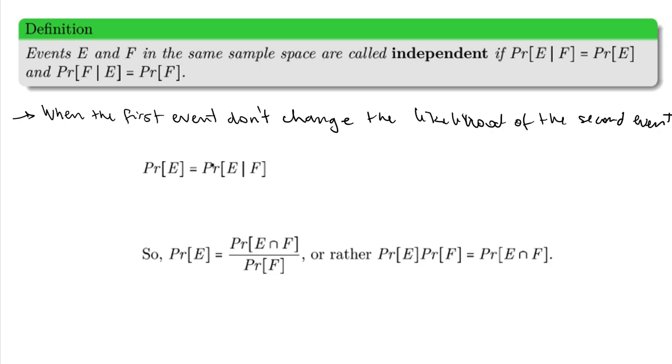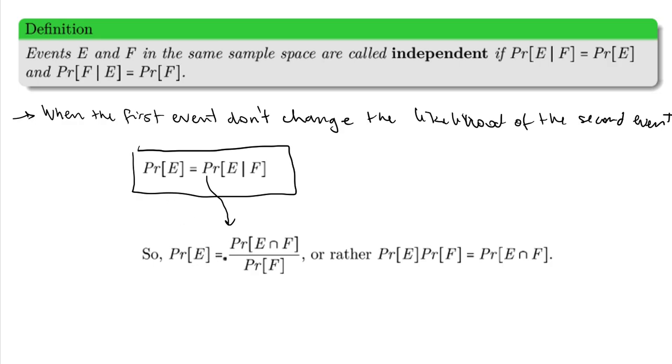Okay, so let's analyze a special consequence of this. If the original probability is equal to the conditional probability, meaning that nothing changed, and we know the formula for the conditional probability, I'm going to expand the formula of the conditional probability on the right hand side.